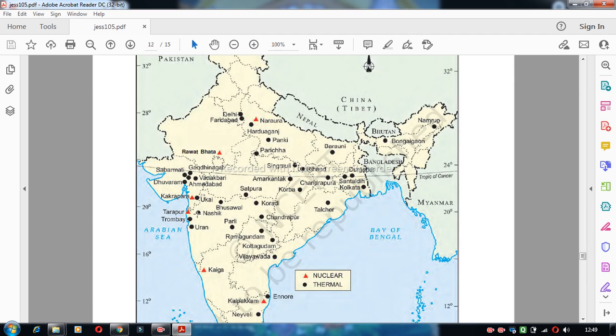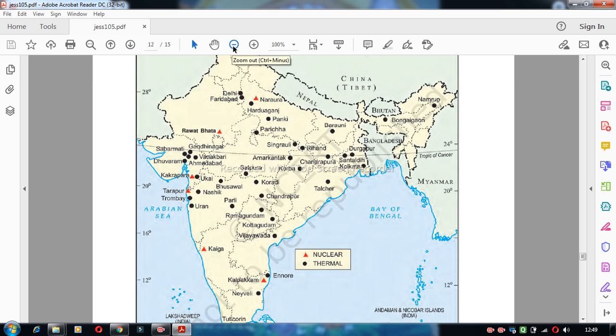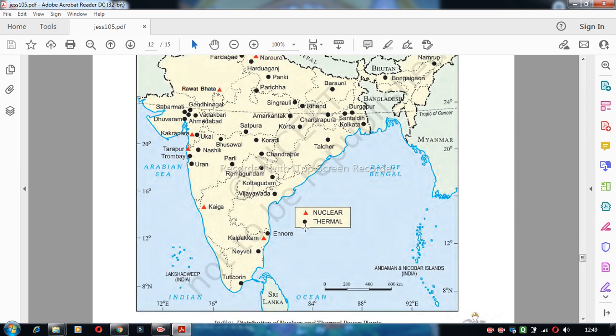Just observe in Maharashtra: Uran, right? The Trombay, then Tarapur, Nasik, Bhusawal, Parli. These are all the nuclear as well as thermal power plants. All the cadets are requested to see the map. Observe the map very sincerely.